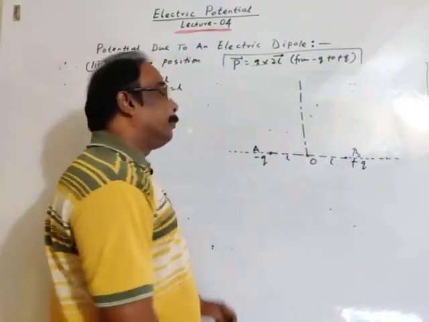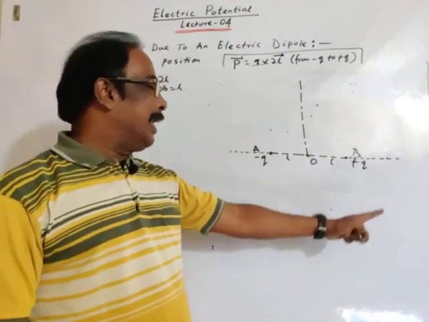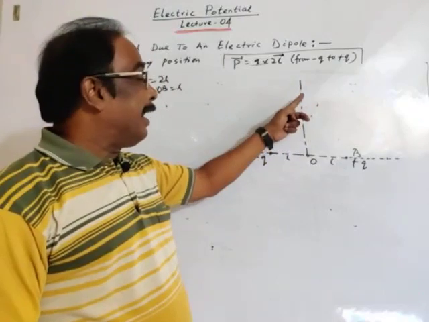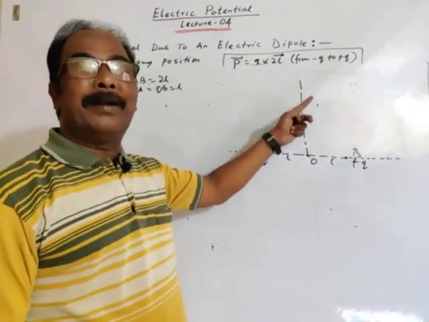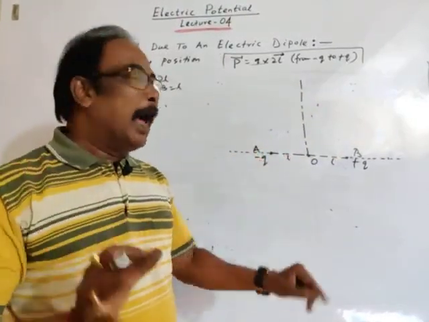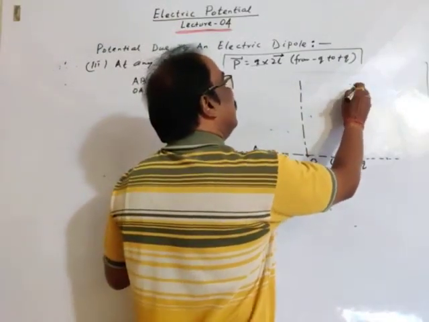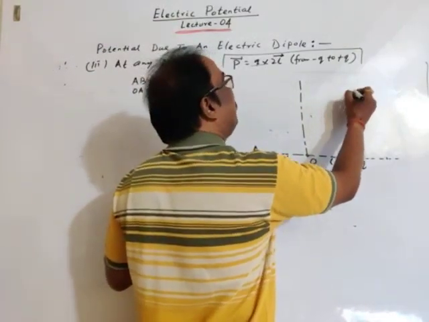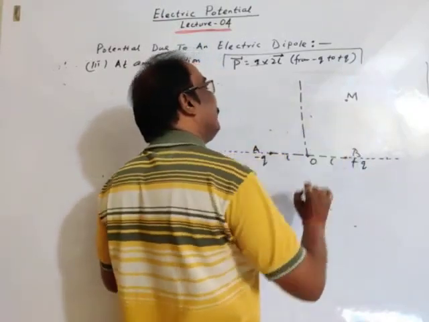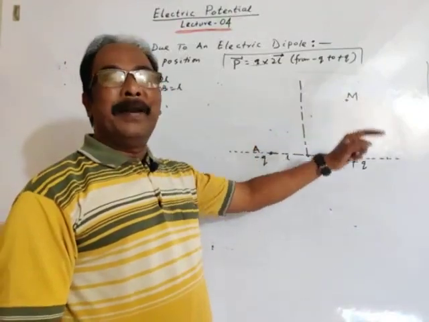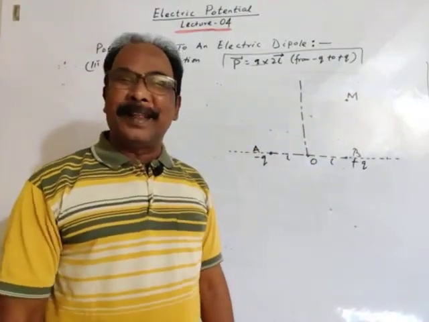Previously we have found the electric potential at any point on the axial line and at any point on the equatorial line. Now let's consider any point M where we have to find the electric potential.